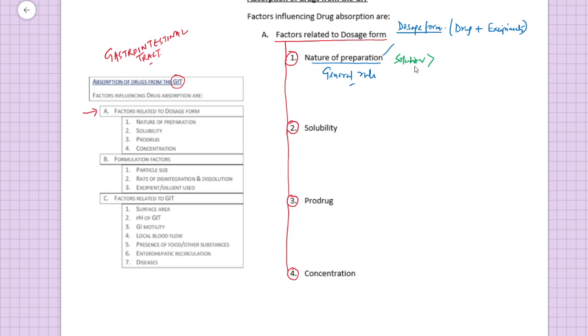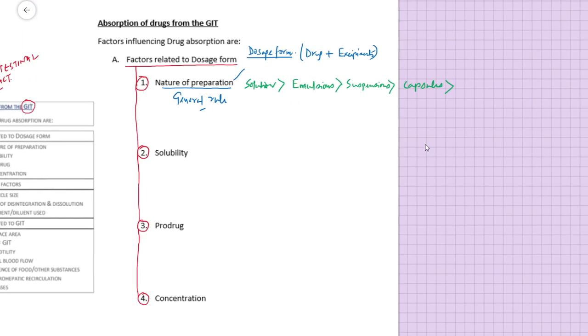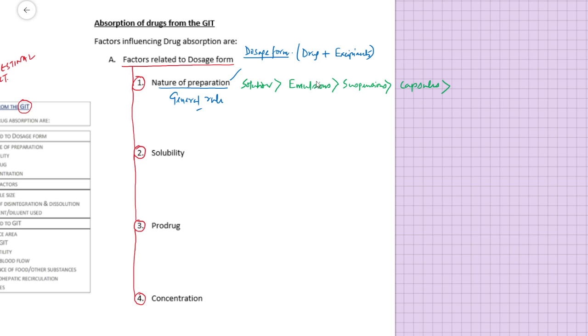Solution would be absorbed faster than emulsions, and emulsions in turn would be absorbed faster than suspensions, and suspensions in turn faster than capsules, which in turn would be absorbed faster than drugs from tablets. And by tablets, we mean uncoated tablets.